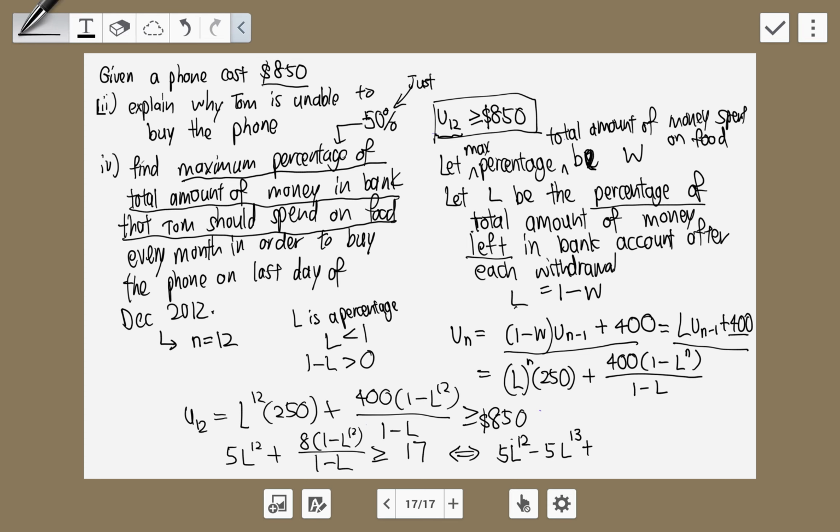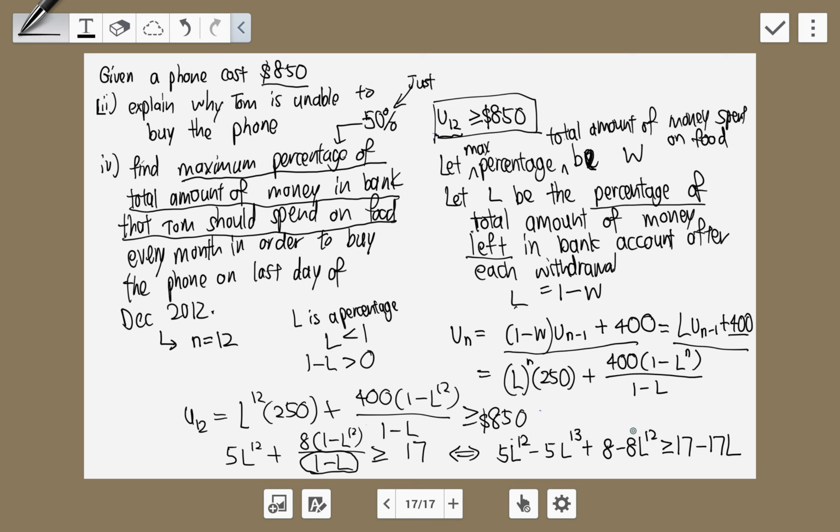So 8 multiplied by 1 is 8. 8 multiplied by minus L^12 is minus 8L^12, greater or equals to 17 multiplied by 1 is 17, minus 17 multiplied by L is minus 17L. I'm just multiplying this denominator to all the terms. Okay, and that is about it.